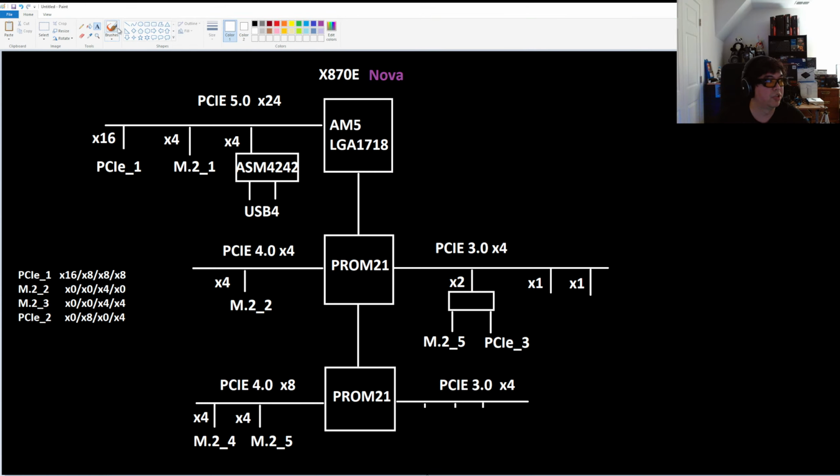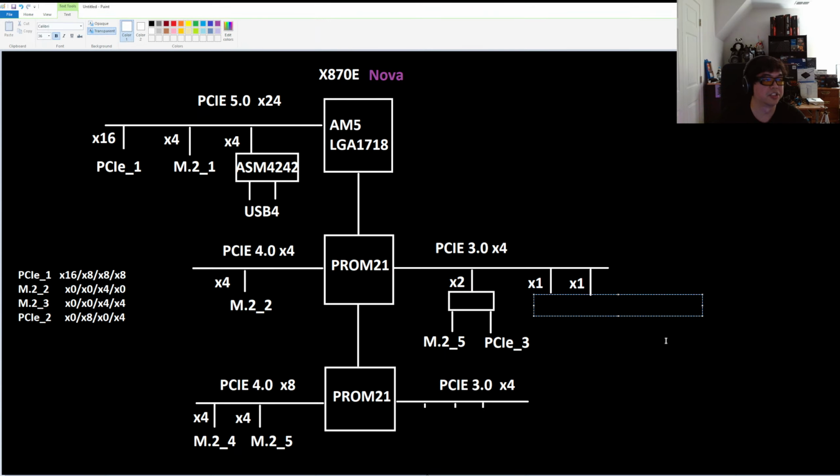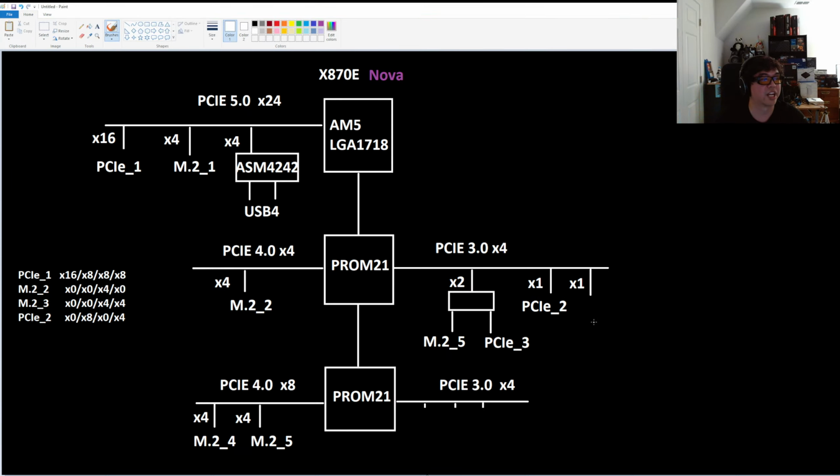So what they do here, this is going to be PCIe 2. So the second PCIe slot is an X1 slot. This is perfect for a sound card or a 1080p capture card, like an old school Elgato HD60 capture card or an AverMedia Live Gamer HD. You know, those would go in there.